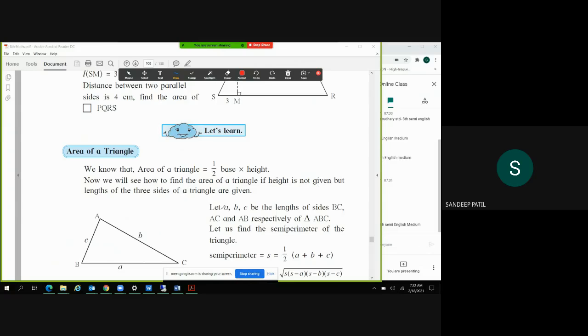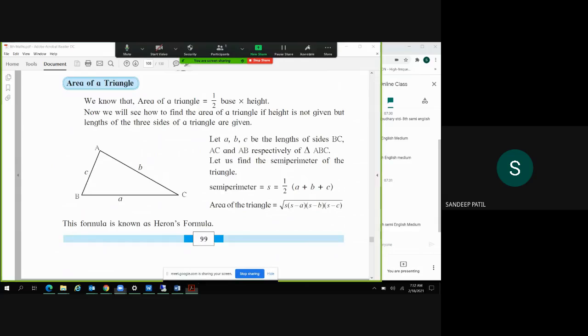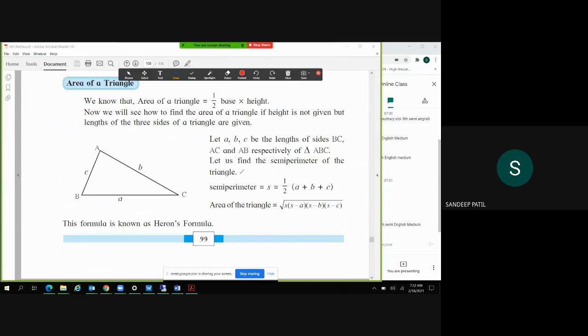So there are three lengths given for the triangle ABC. A, B, C are the lengths of the sides. There is a formula derived for this. Let us first find the semi-perimeter of the triangle.